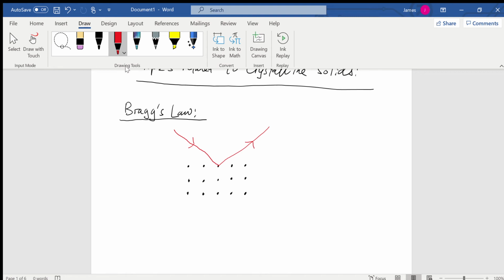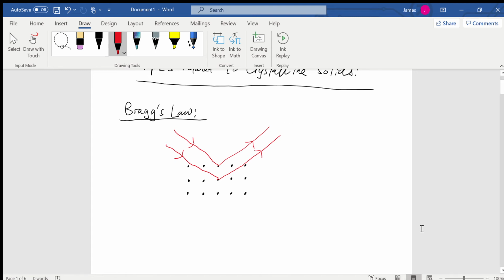And then we have X-rays parallel that penetrate the first layer.